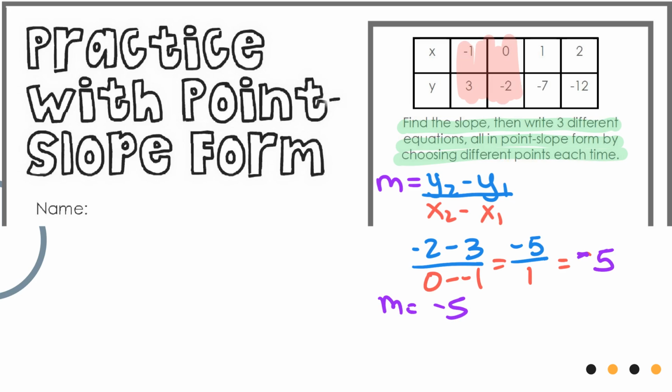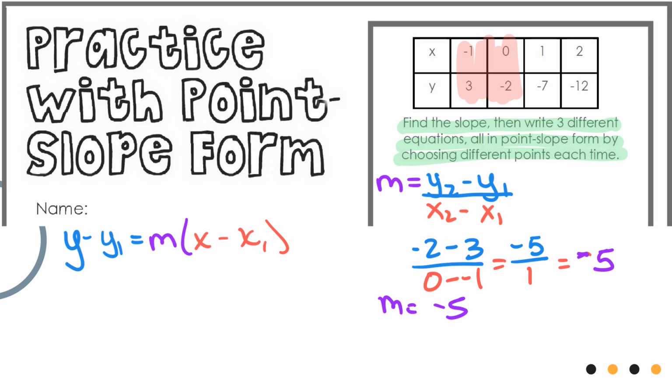Now we need to use the point-slope form of an equation, which is y minus y1 is equal to m times the quantity of x minus x1. So I'm going to choose this coordinate point to start.